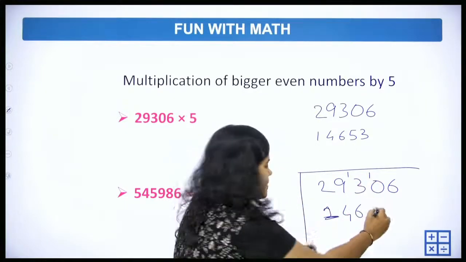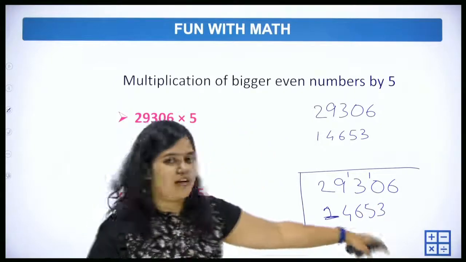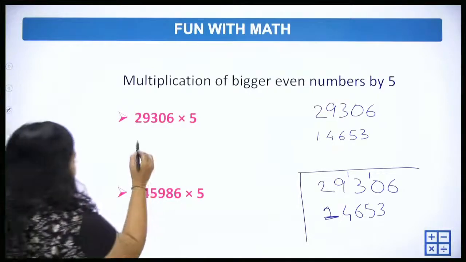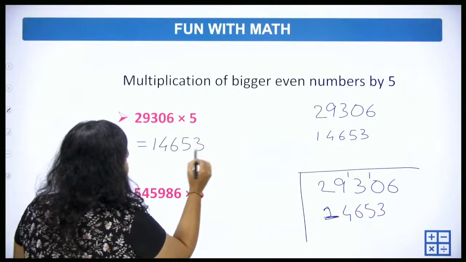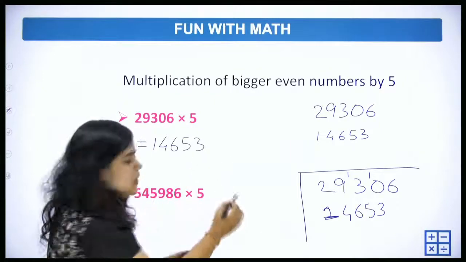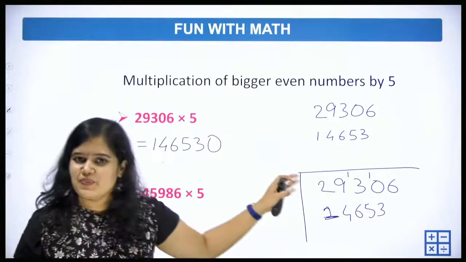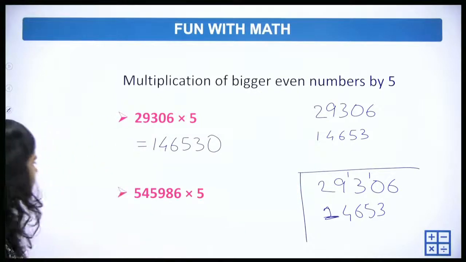So 10, 5. And 6 is 3. So 1, 4, 6, 5, 3, right? So the answer for this number multiplication is 1, 4, 6, 5, 3. Am I done? No, we need to put 0. 1, 4, 6, 5, 3, 0. Right? Let's solve the next one now.